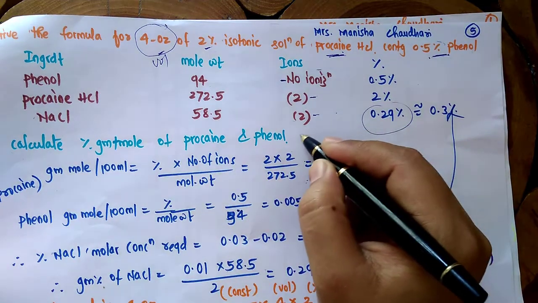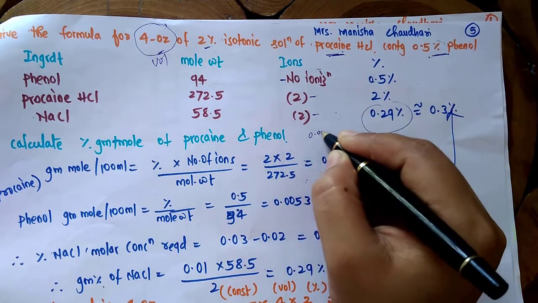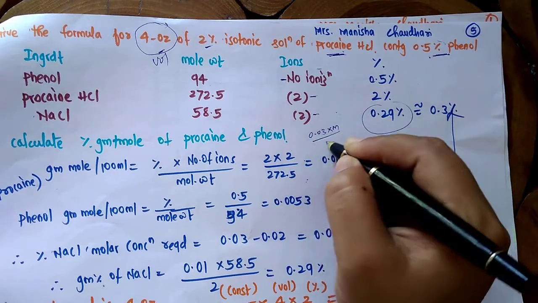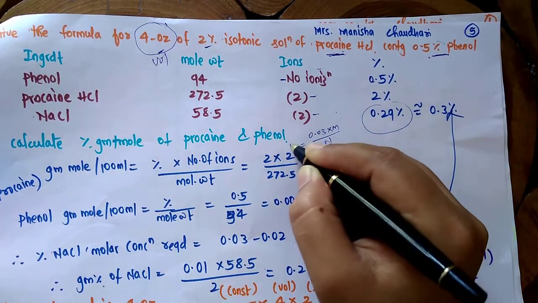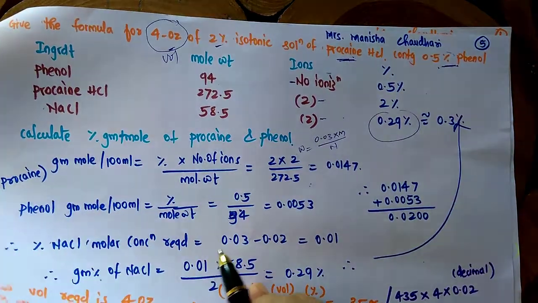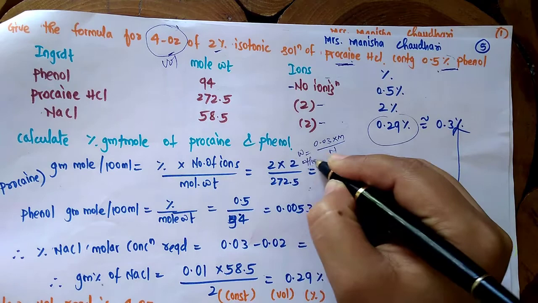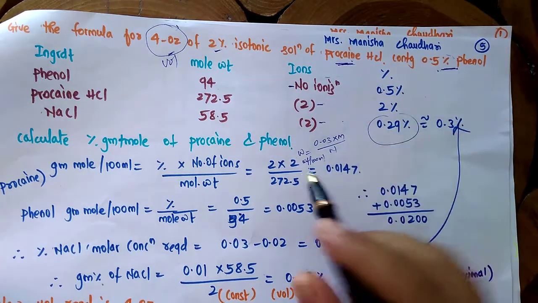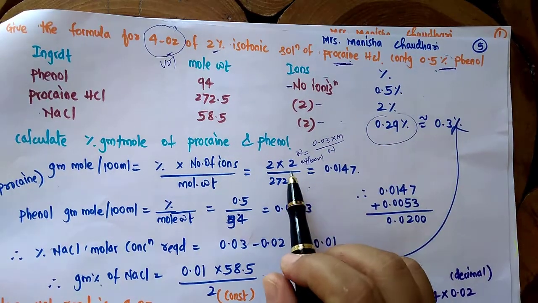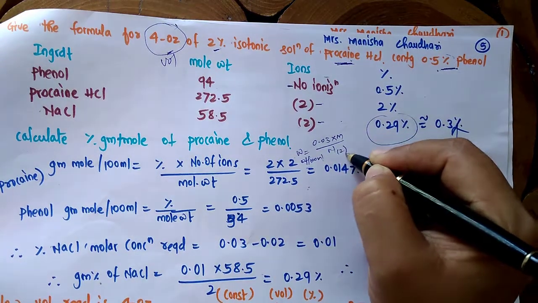What was the formula for ionizable and non-ionizable? Now procaine is ionizable: 0.03 into M divided by N, which is equal to W. As you all know, W is weight per 100 ml, so this we are supposed to calculate. Number of ions you all know, that is 2.